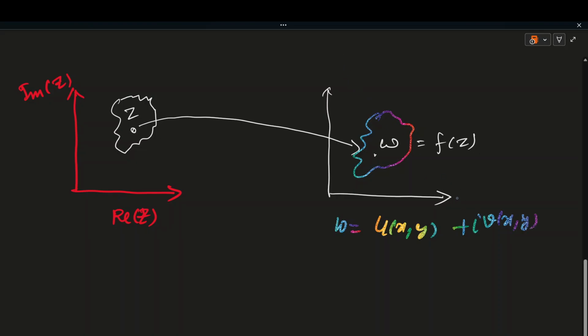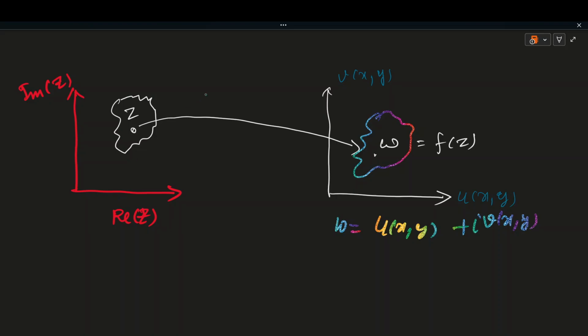So this axis is u(x, y), and this axis is v(x, y). Basically, we are applying some function, a transformation, on z to give some output f(z), which is a two-variable function of x, y, having a real part u(x, y) and imaginary part v(x, y).